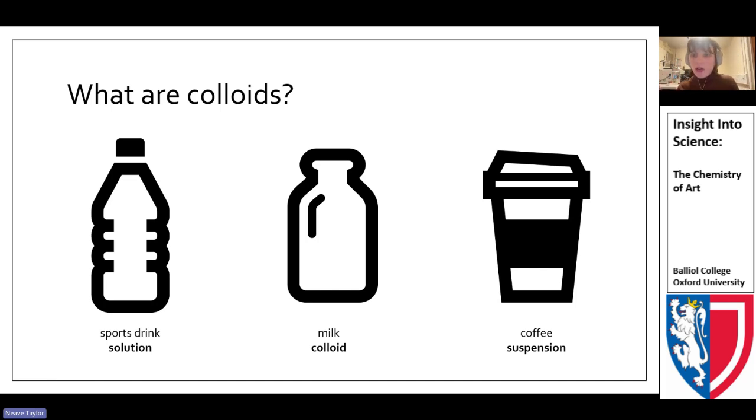So that might be something like coffee, where if you're taking a long time to drink your coffee, you end up with these solid coffee grains at the bottom of your mug. So with that in mind, we can have a think about what is best for creating a good paint. If we have just a solution, then once we, say, strike our brush across our page and the water evaporates, we're only left with these small ionic fragments behind.